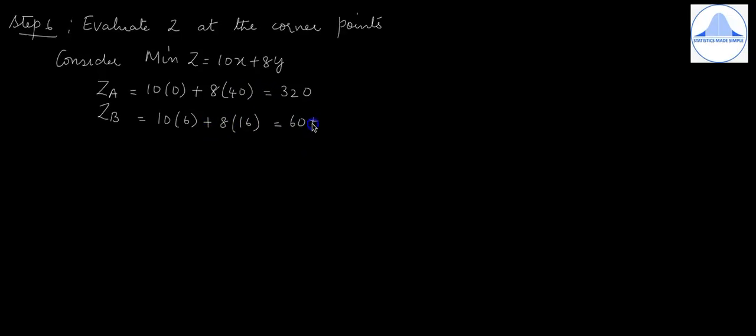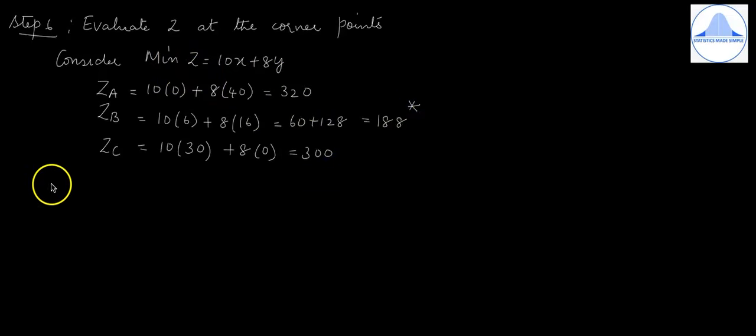This is 60 plus 128 is equal to 188. And then ZC, that is 10 into 30 plus 8 into 0 is equal to 300. Now because the objective function is a minimization problem, you have to find out the least z value. The least z value is 188.